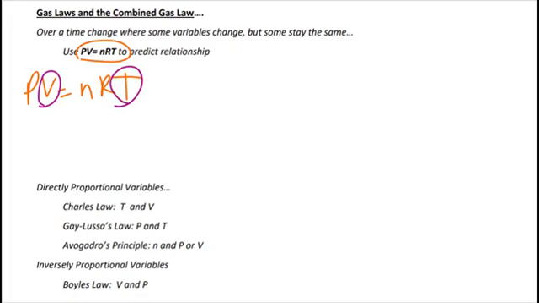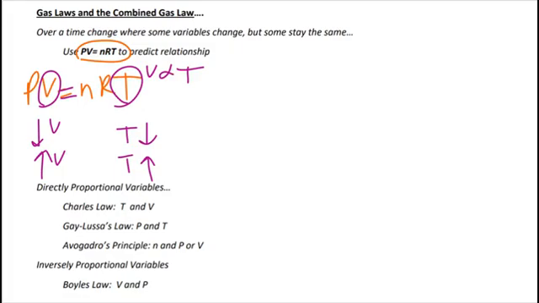And so, as we just saw, when temperature decreased, volume decreased, and I'm going to put that over here. When temperature decreased, volume decreased, and when temperature increased, volume increased. And because of this, they have a direct relationship. Also notice that they are on opposite sides of the equal sign. So we can say that volume is directly proportional to temperature.